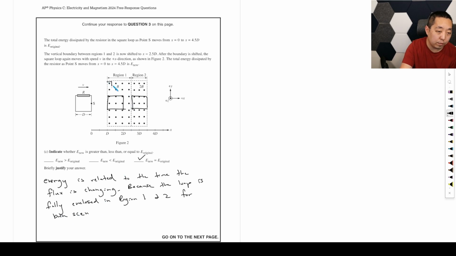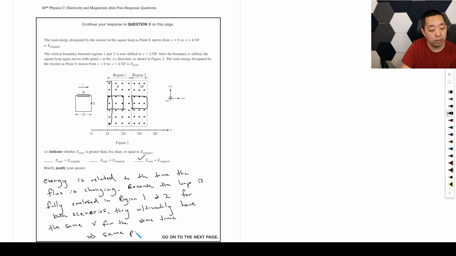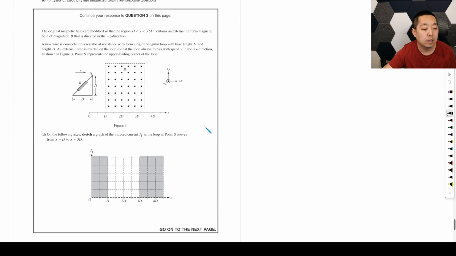Like if I made region 1 very tiny, then it's different because then I'm not getting the full amount of the flux change in there, right? So region 1 is seen for both scenarios. They ultimately have the same V for the same time, which implies the same power. Same power and same energy. Okay, so that would be my argument for that one.